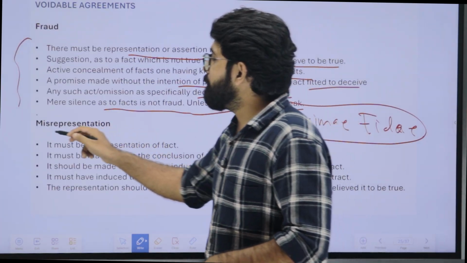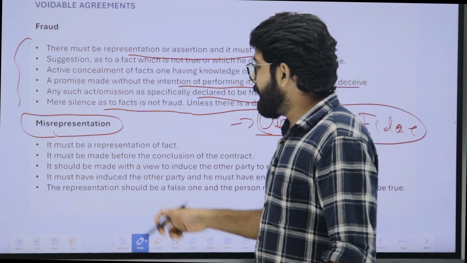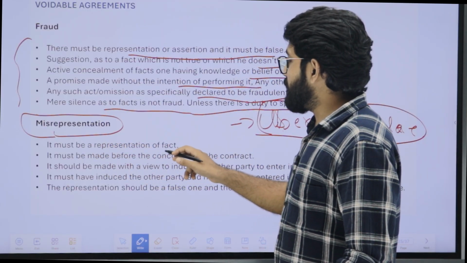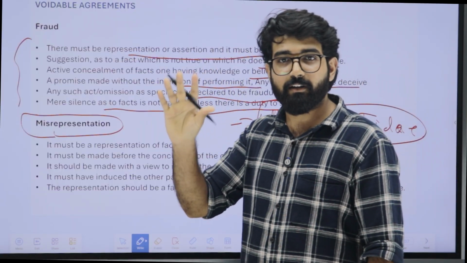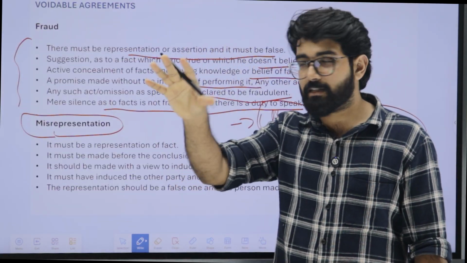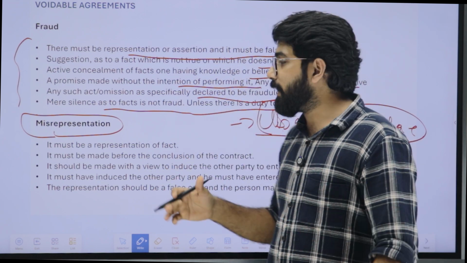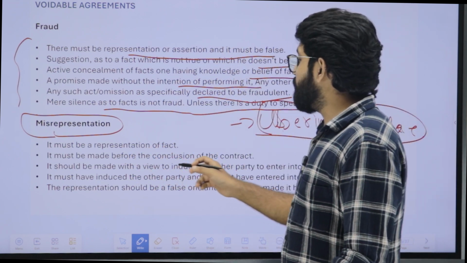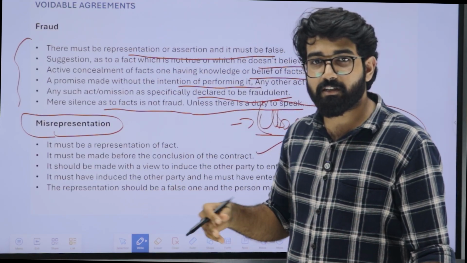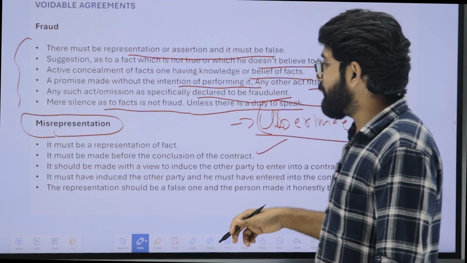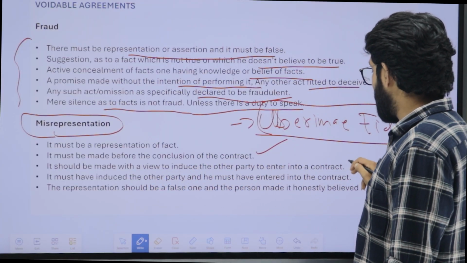Okay, so what is misrepresentation? Let's look at it. There must be a representation of fact. I have said something about my product or vehicle or something that I am about to sell, upon which I am trying to make a contract. It must be made before the conclusion of the contract. It should be made with a view to induce the other party to enter into a contract.